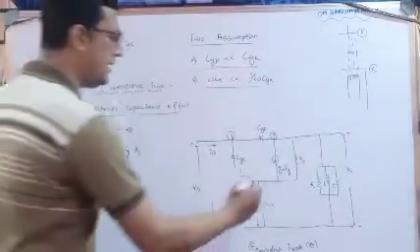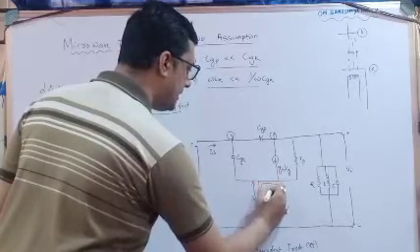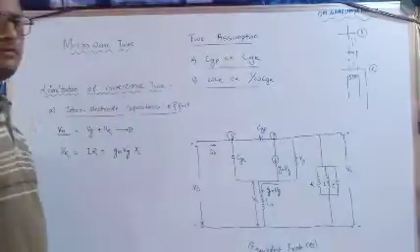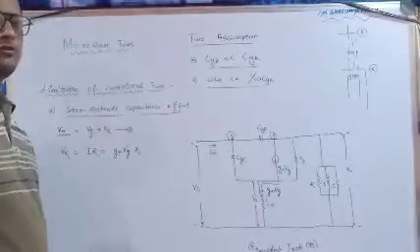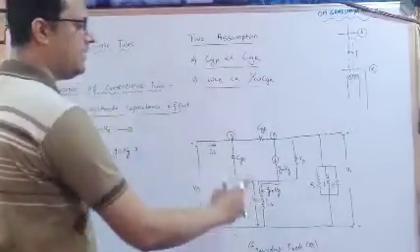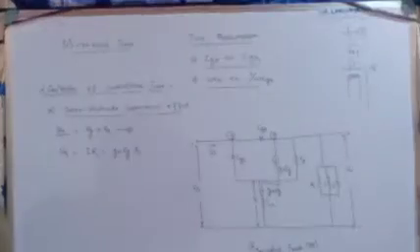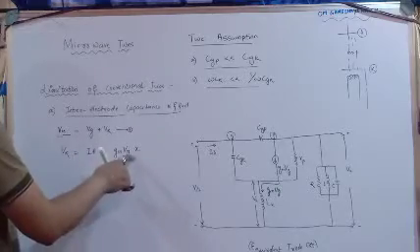Here the current flowing is Gm into Vg. So if I want to determine Vk, what should be my total potential? Lk into Gm into Vg. So Lk becomes XL, which is a reactance value. So Gm into Vg into XL.